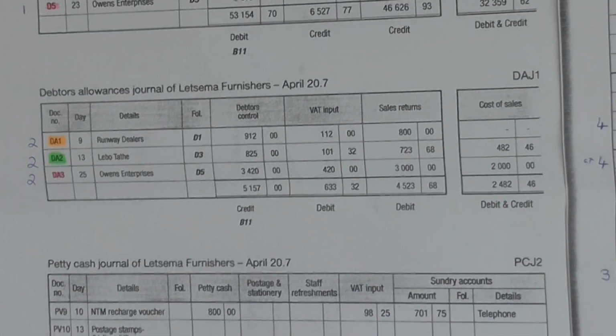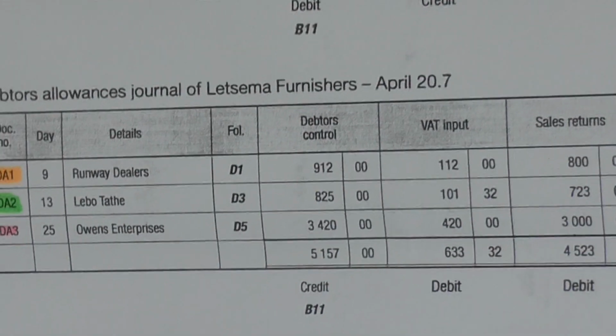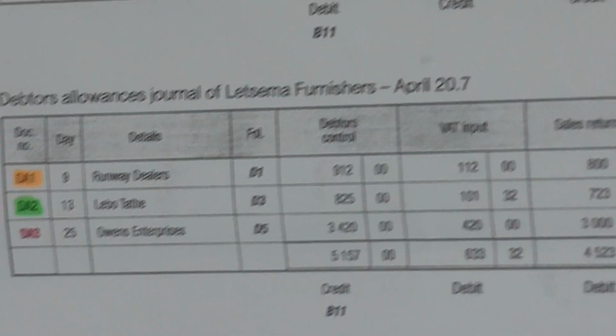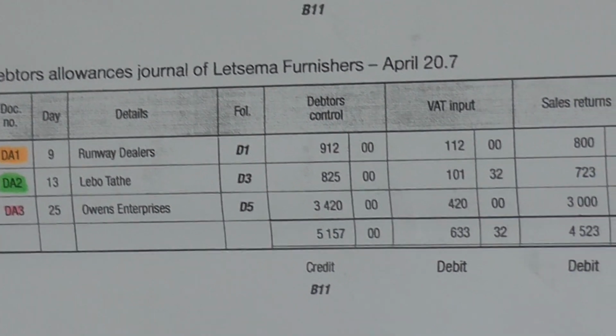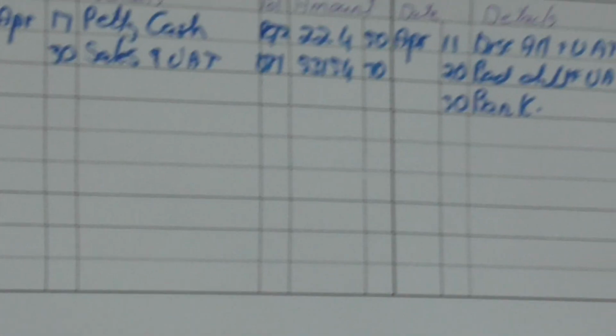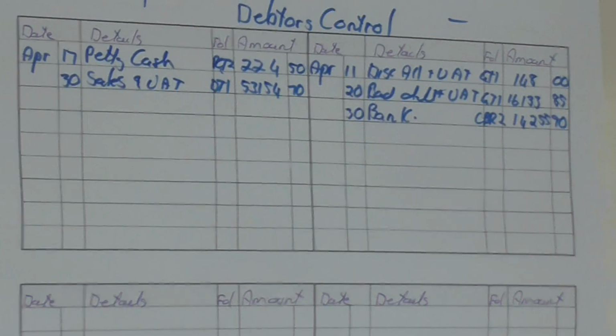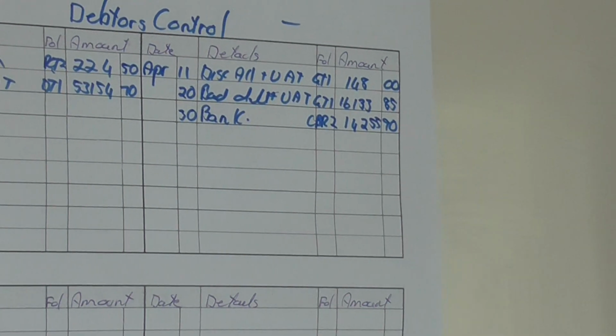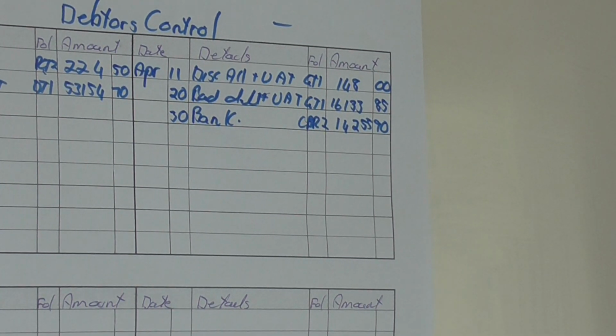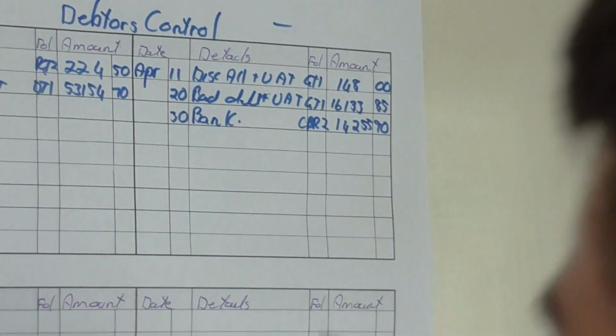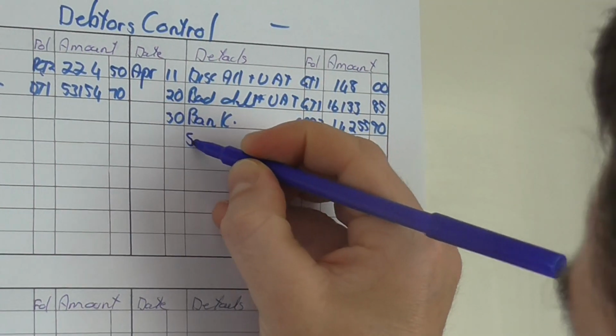The other one, according to the date, would be debtors control. There in your debtors allowance journal, 5157. Okay, so that'll be sales returns and VAT.